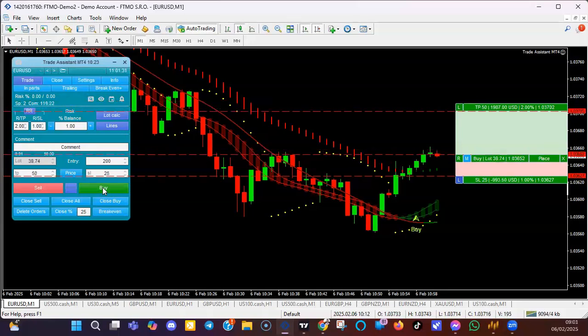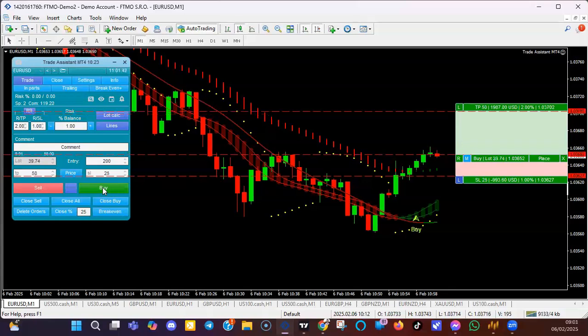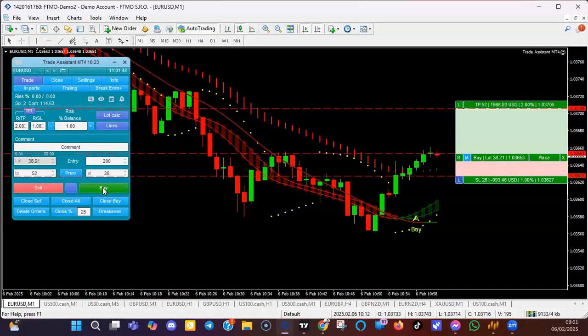Nothing's hardly moving. So I'd much rather wait for a bigger stop loss to get a little bit more confirmation, a little bit more distance between stop loss and entry.